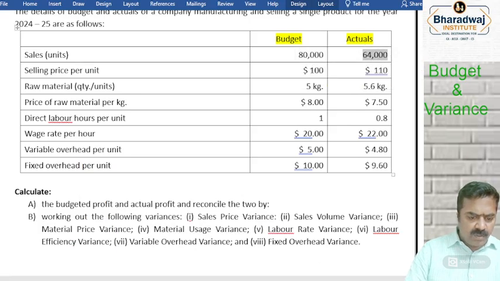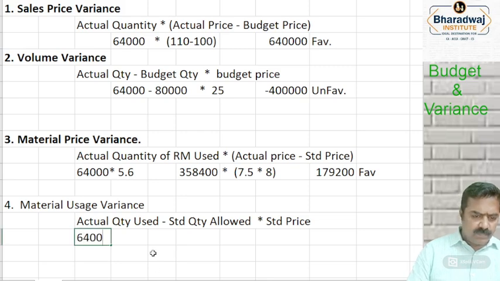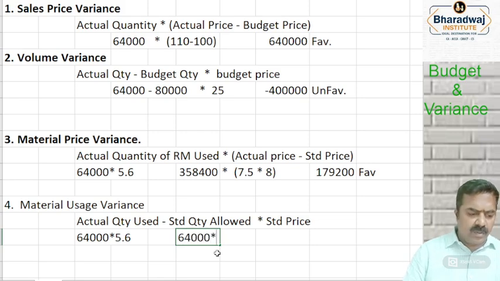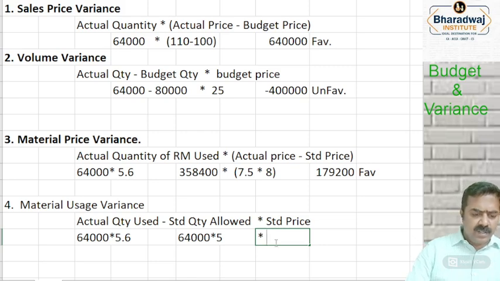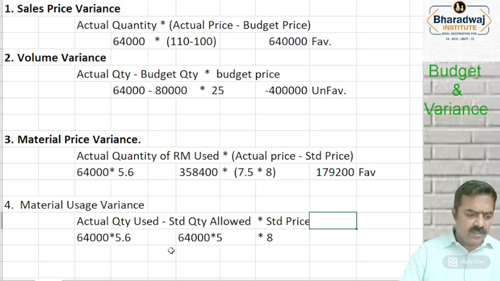That is actual quantity used. Minus, what is the standard quantity allowed for this 64,000? 5. Multiplied with standard price. What is the standard price of the material? 8 rupees.